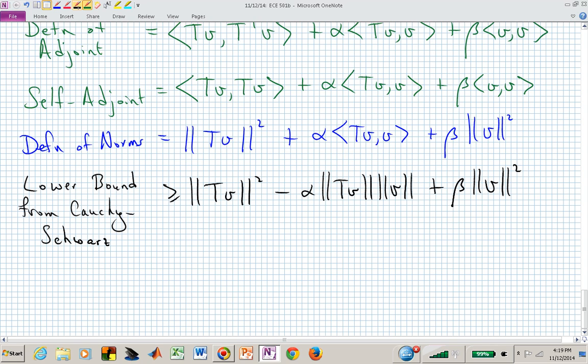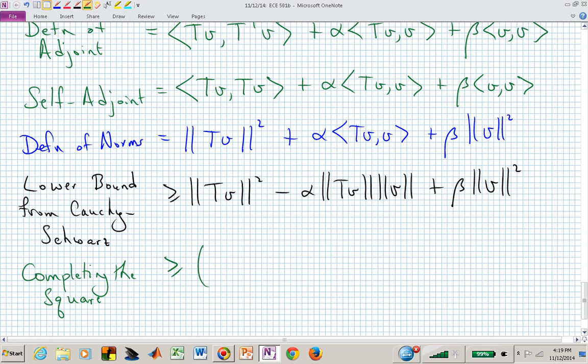If we now complete the square, well, let me go ahead and keep the inequality so that we just have that bounding the leftmost entry.